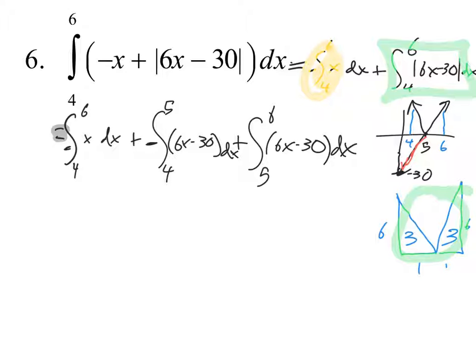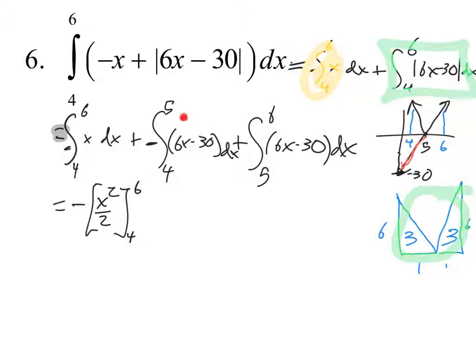Well, now the point is, we already know that this is 3 and this is 3 because we did the simple geometry and found that they're 3. But we could actually do the calculus and find that these are both 3 as well, which I'd encourage you to do. I'm not going to have enough space here. But let's go ahead and just work this all out now. So I have negative. The integral of x just becomes x squared over 2, and I'm going to evaluate that from 4 to 6.